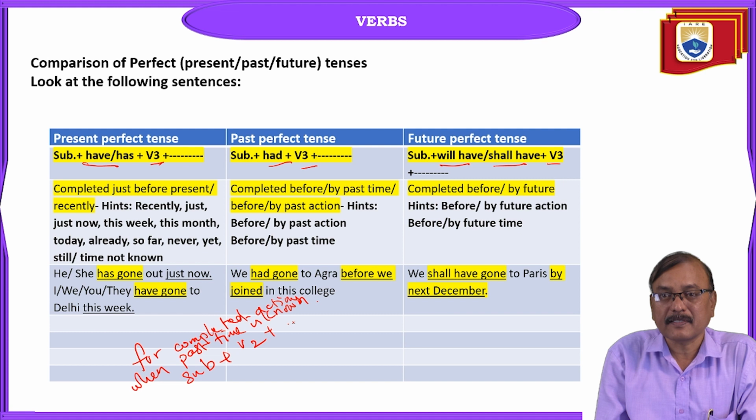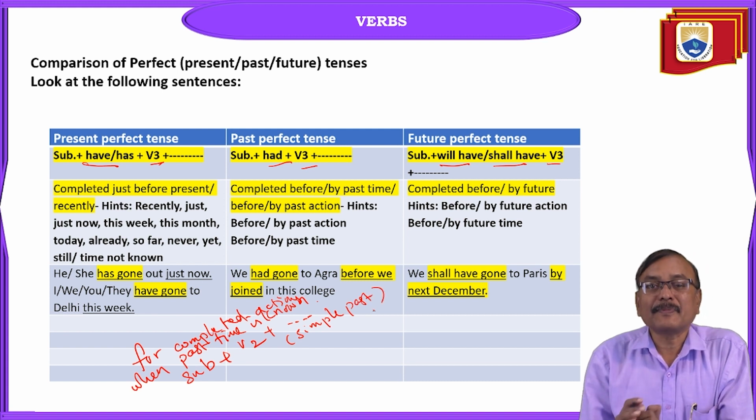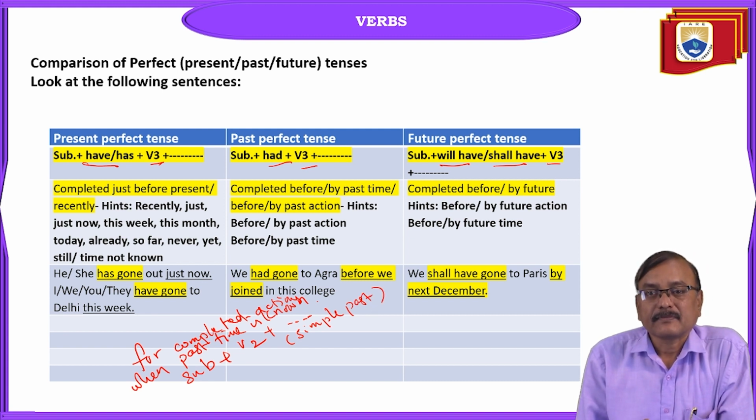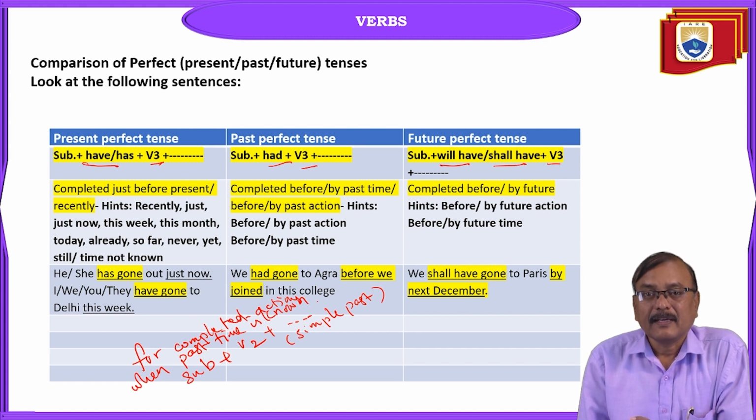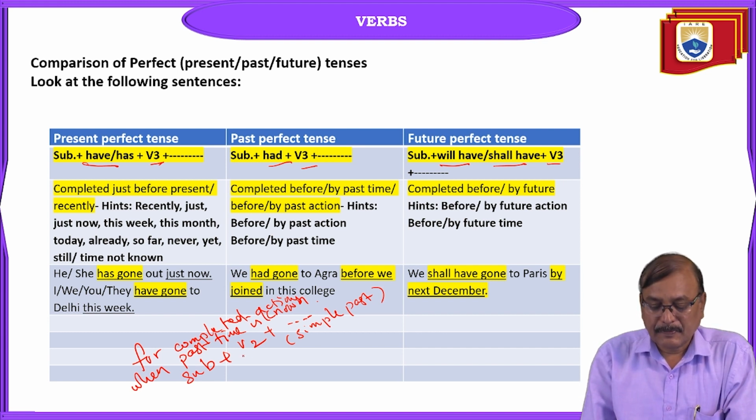This is simple past, right? This is for completed actions. When past time is given, like yesterday, last week, last month, 2 years ago, in 1947, we use this subject plus V2 form, right?